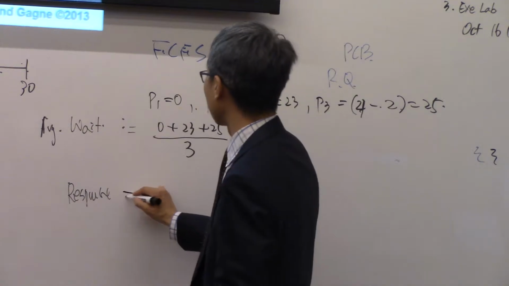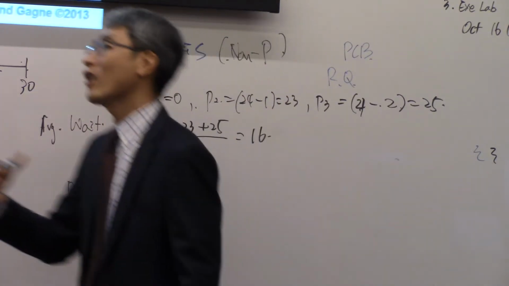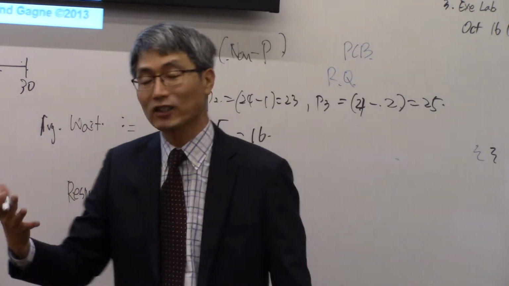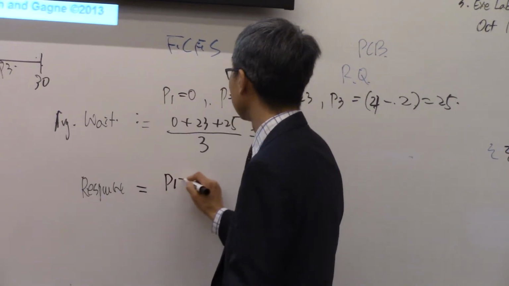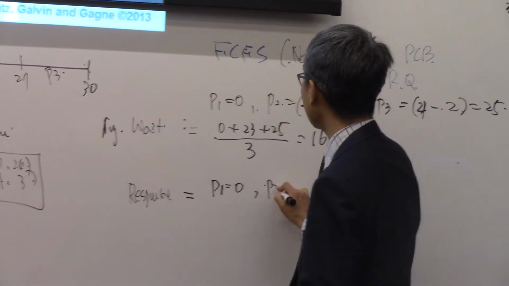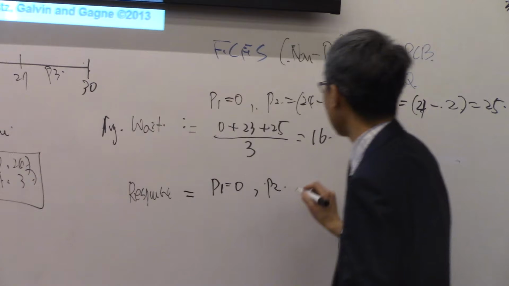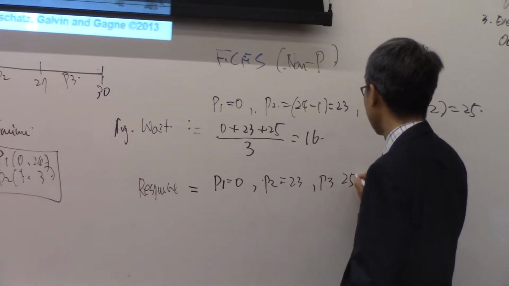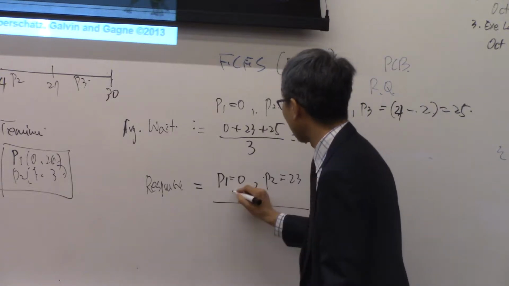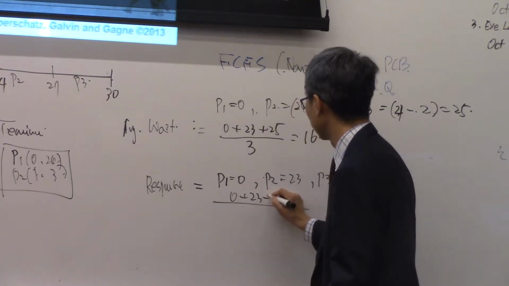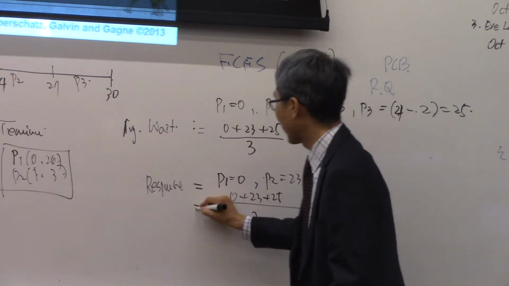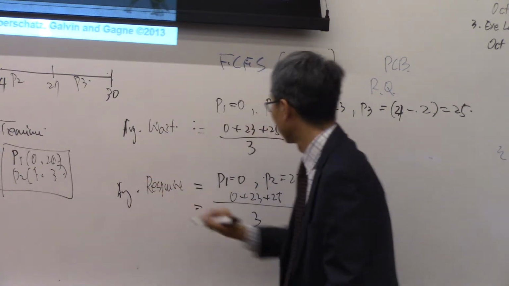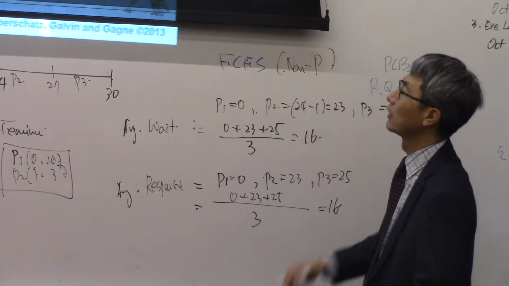And response time. Response time is the first response, the first time selected. So P1, 0. P2, 24 minus 1 is 23. P3, 25. Then the average response time is 16. Okay.